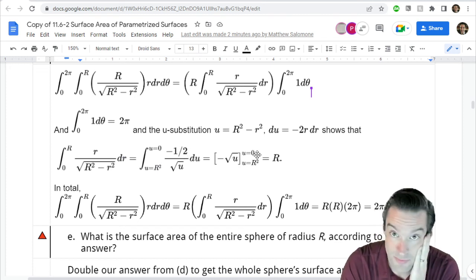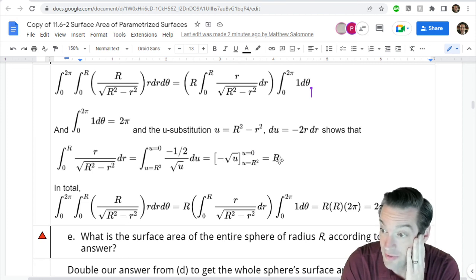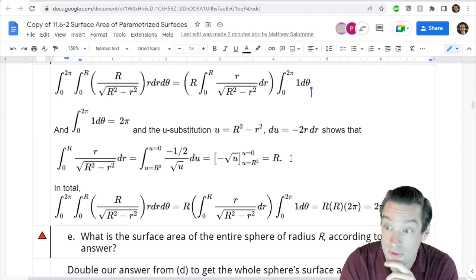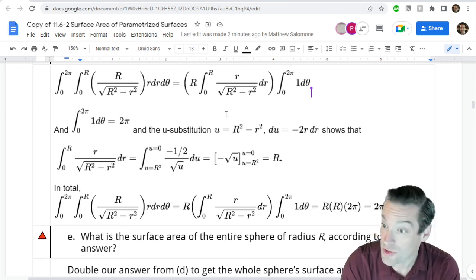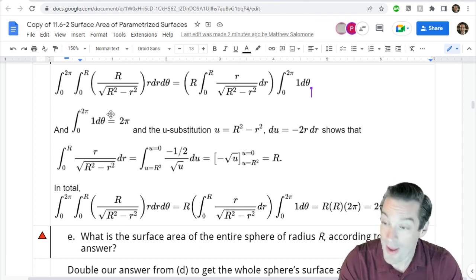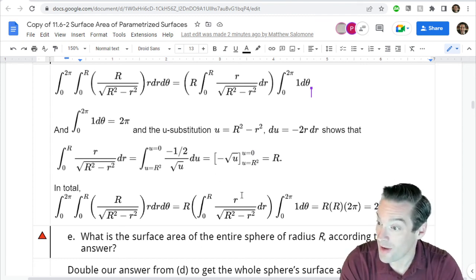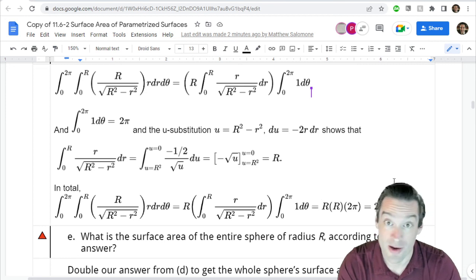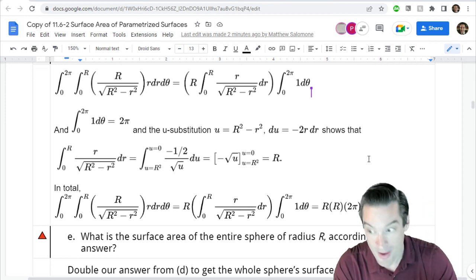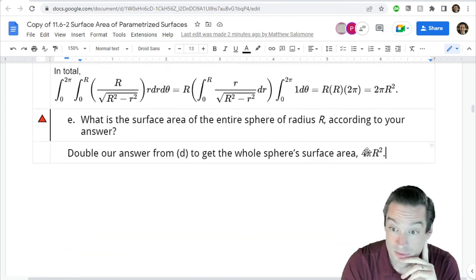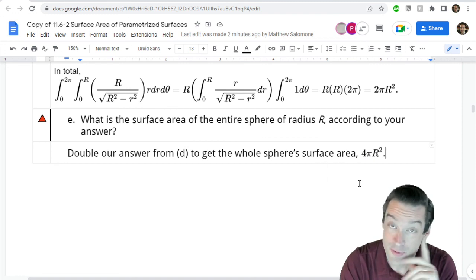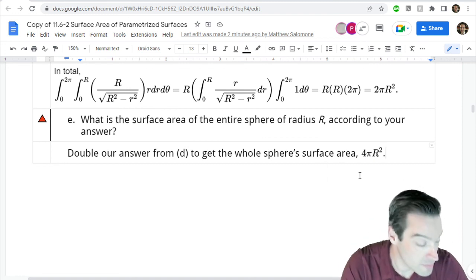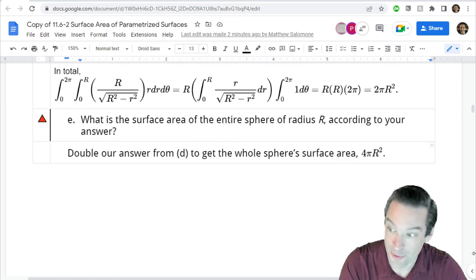And then that's straightforward evaluation of an antiderivative evaluated from r squared to 0, which is equal to r. And so in total, the surface area for the top half of the sphere that we found is r times 2 pi r squared. And if that's the top half of the sphere, then the whole sphere is going to be twice as much, or 4 pi r squared, which is again the formula that we received in high school geometry.